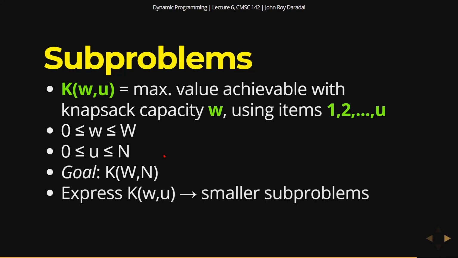So our next step is to express K(w, u) in terms of smaller subproblems. So for this subproblem, let's consider item u, or the last item that we considered in that series. Item u is either needed or not, right?